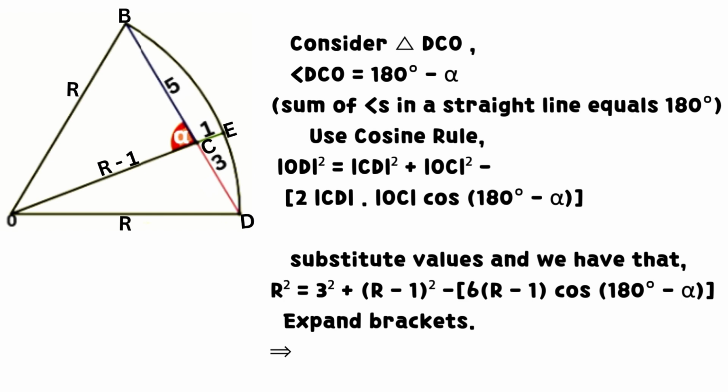Substitute values and we have that the square of R equals the sum of the square of 3 and the square of R minus 1 minus 6 times the product of R minus 1 and cosine 180 degrees minus alpha. Expand brackets.